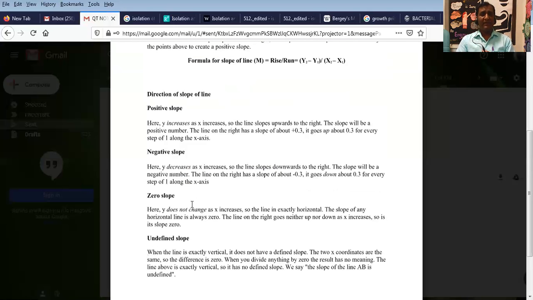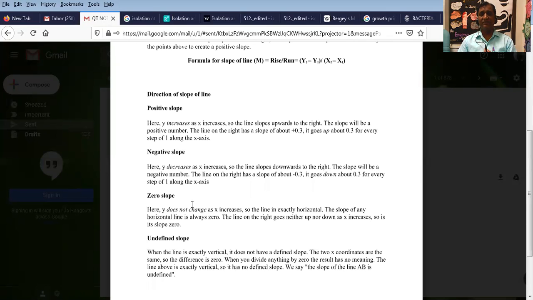Direction of slope line, positive slope. Here y increases as x increases. So the line slopes upward to the right, and the slope will be positive. The line on the right has a slope of about plus 0.3.